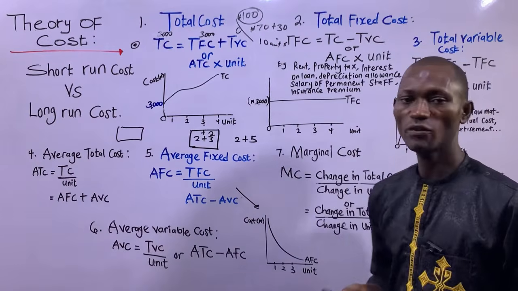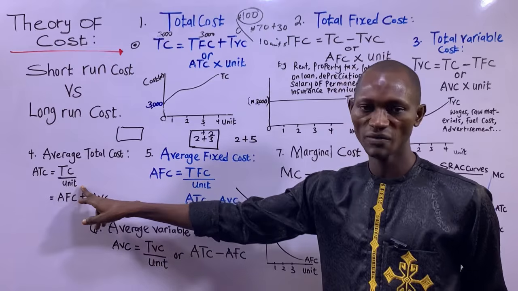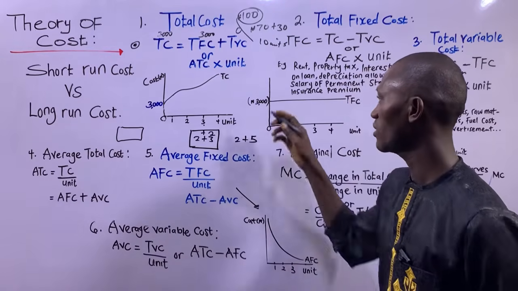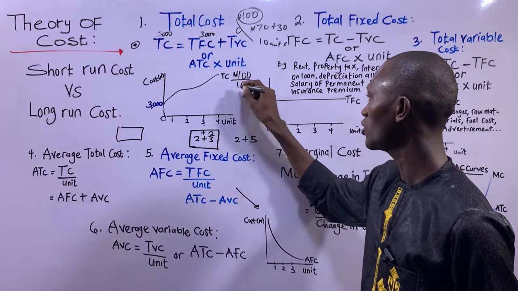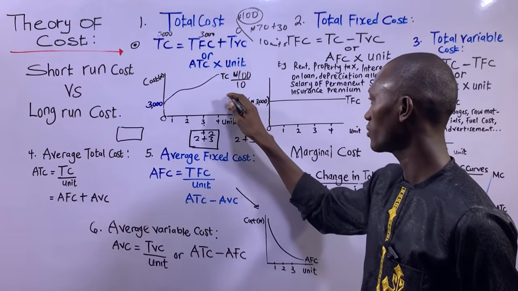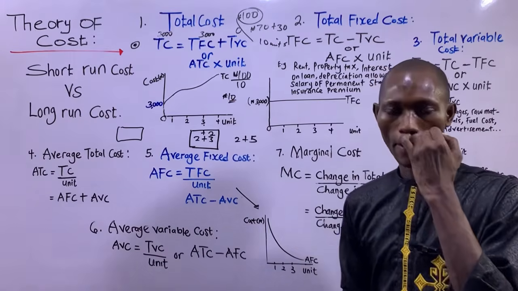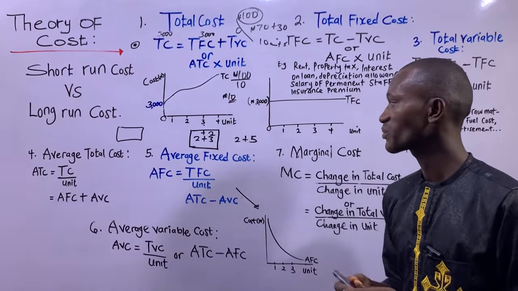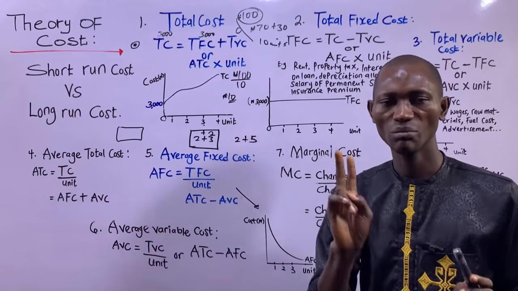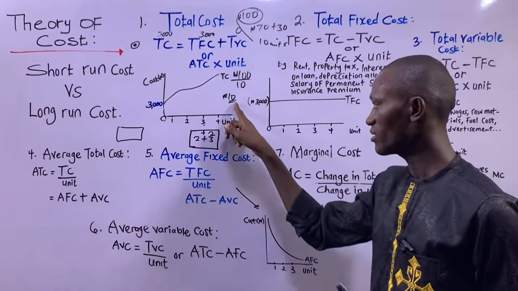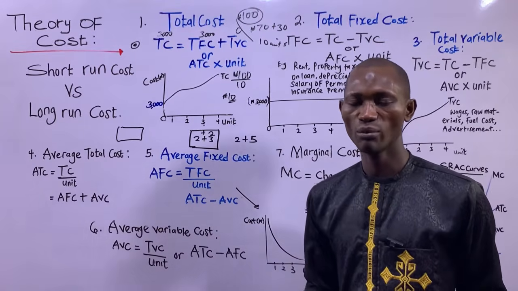If we want to get the average total cost, that means we have total cost divided by units of output. So we have 100 divided by 10 units. Then that gives us 10 naira. So average cost is 10 naira. So in this average cost, which is the total cost of producing per unit of output, in this 10 naira, there is an element of fixed and variable components in it.